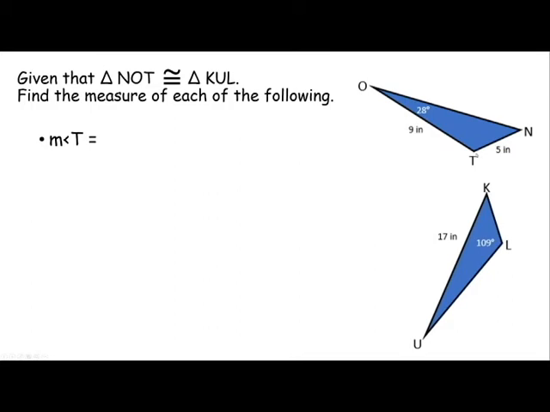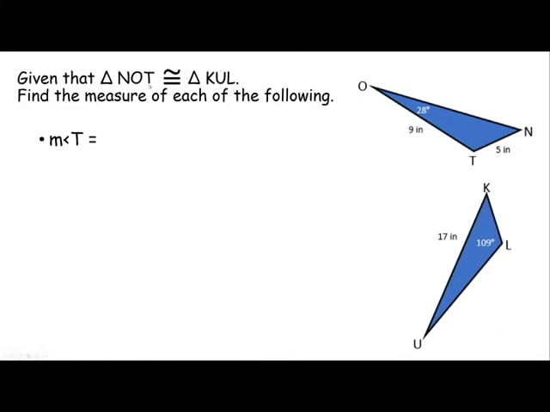It's oriented differently. So when I'm asked about angle T, I'm not going to come over here and just look at the picture and see what angle T is because it's not given to me. Instead, I'm going to look up here and say, oh, angle T is going to be the same size as what other angle?